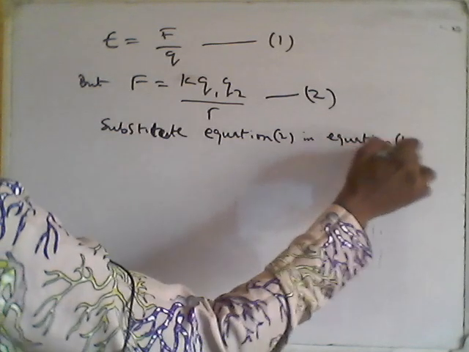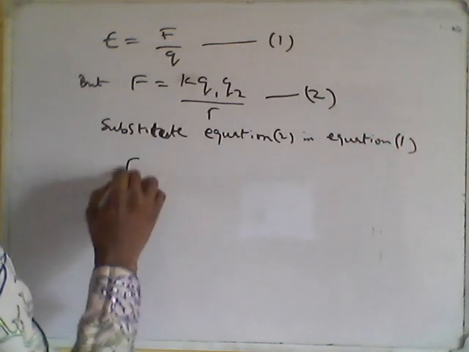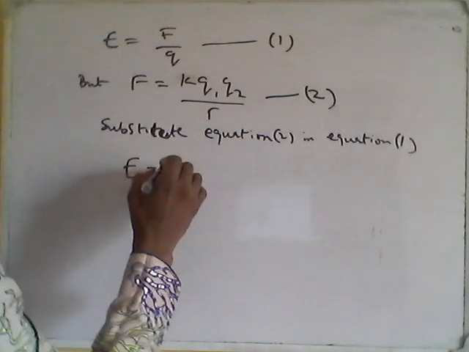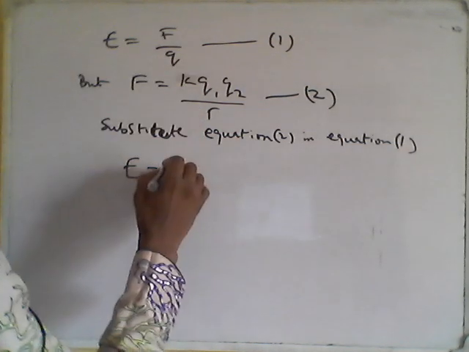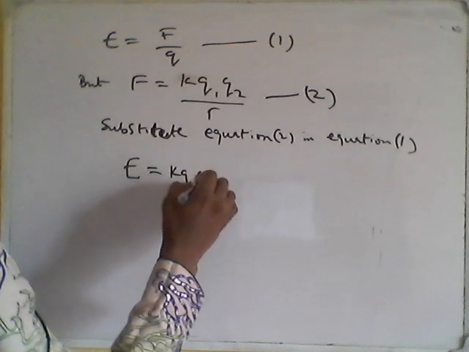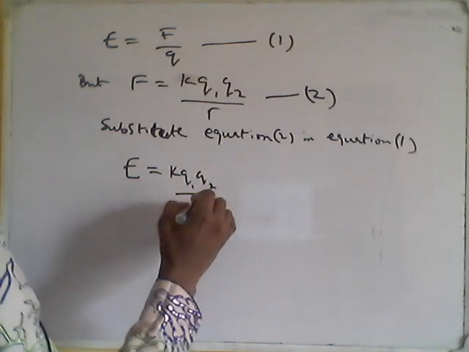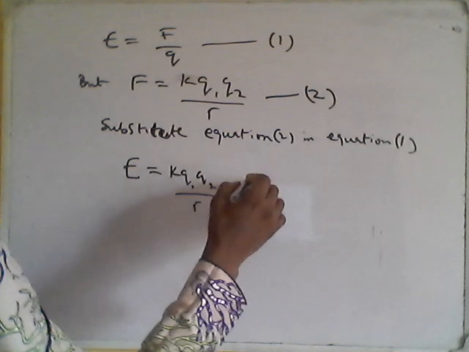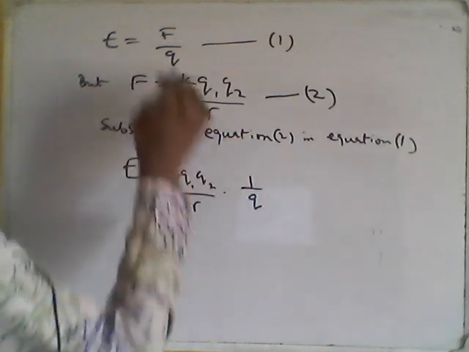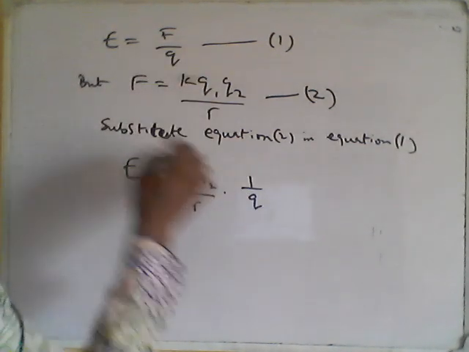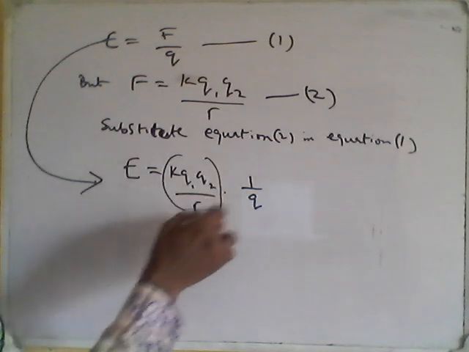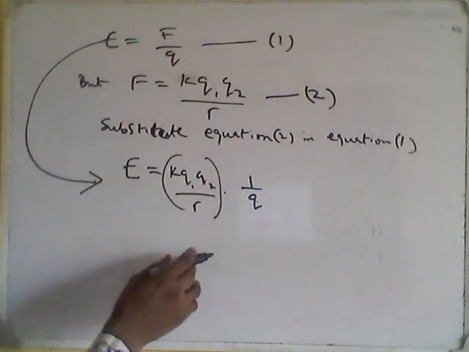When I do that, I now have E, electric field, equals force F, so I just put everything in there: K Q1 Q2 over R squared, that's for force, times 1 over Q. Remember, this is force all over this charge.